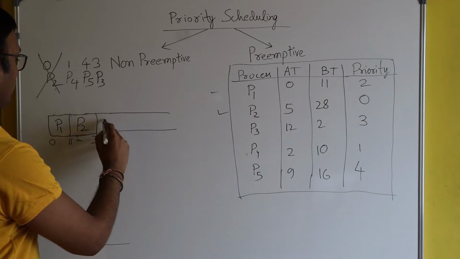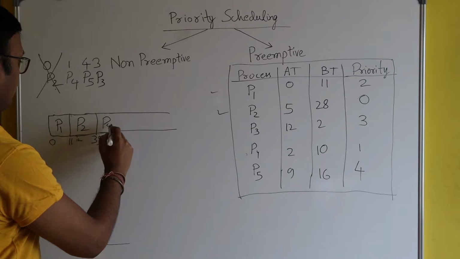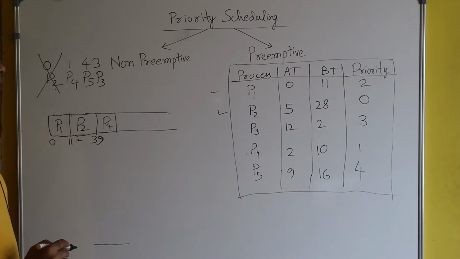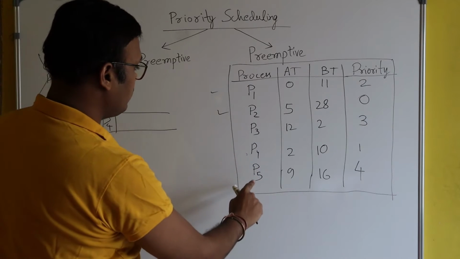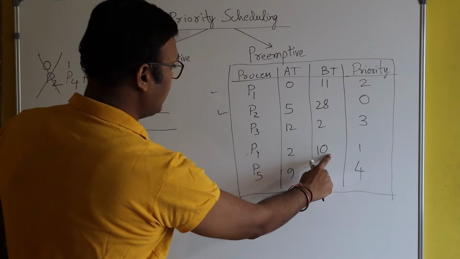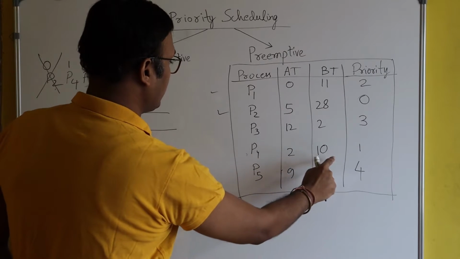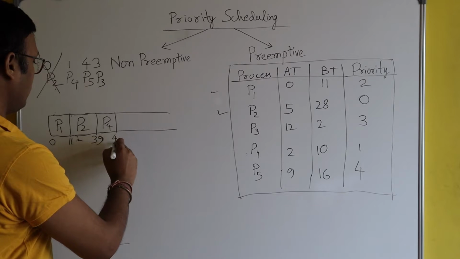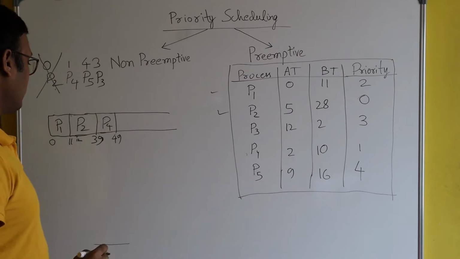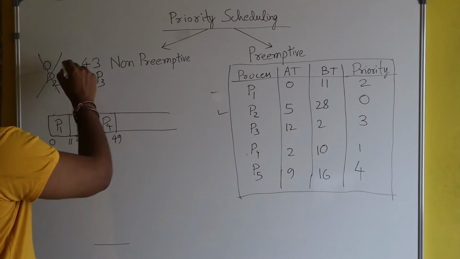So here I will write P4. What's the burst time of P4? P4 will run for 10 seconds. So 39 plus 10, 49. So the task of P4 is also done.